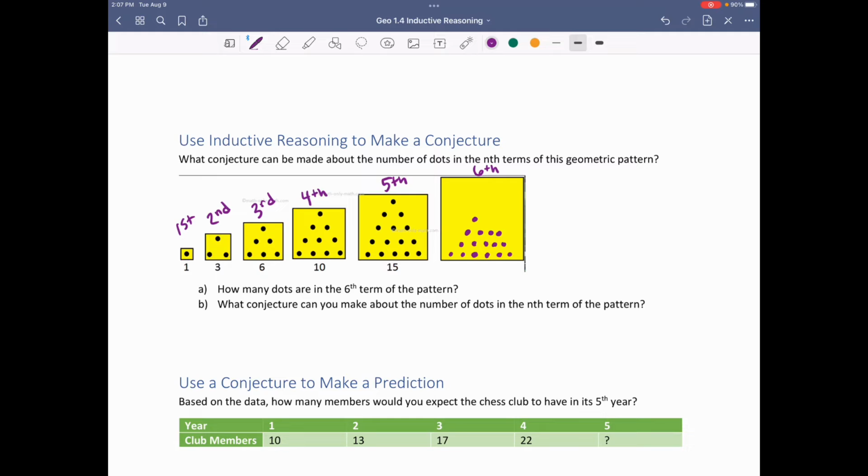And above that, we have 3 dots, 2 dots, 1 dot. So how many would that be? It's going to be 6 plus 5 plus 4 plus 3 plus 2 plus 1. And if we add those, 11, 15, I'm getting 21. Just count again.